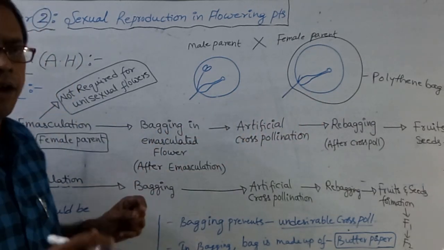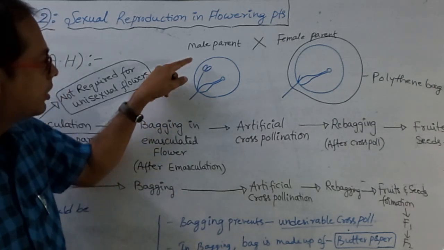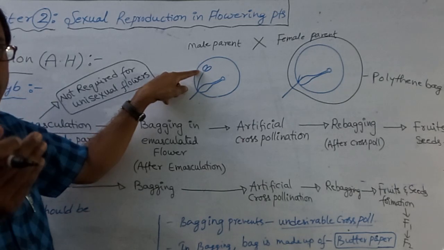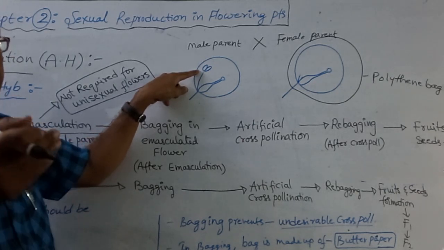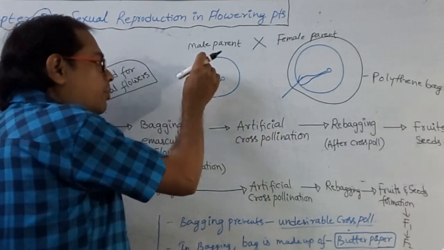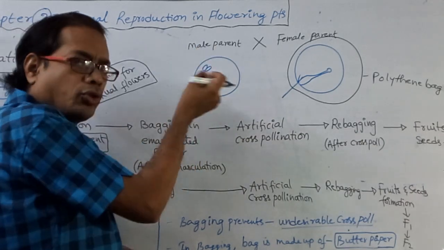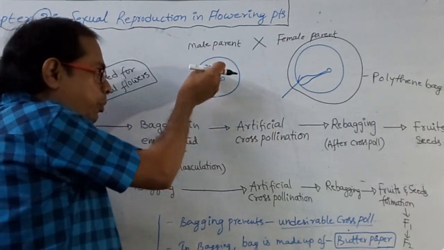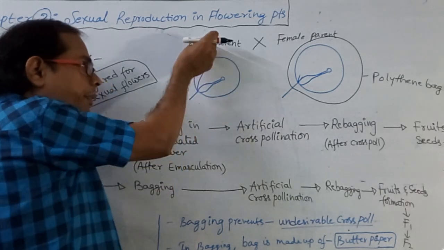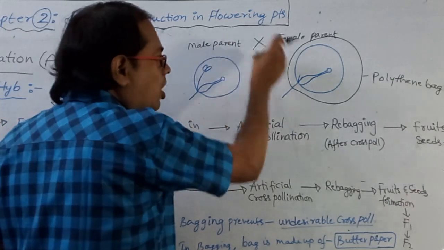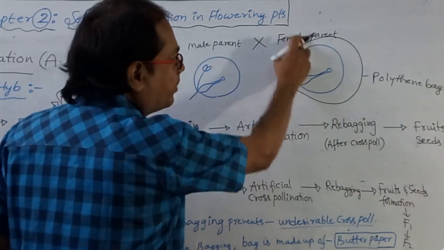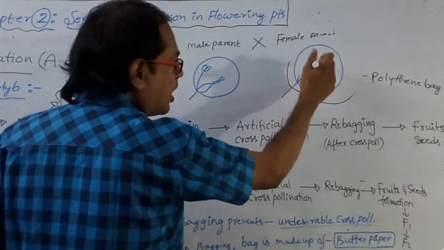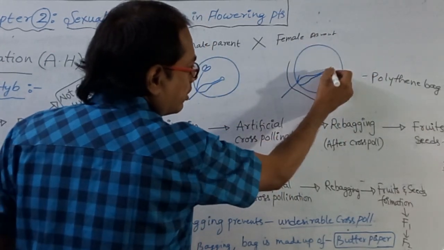Next, after some time, the anthers of the male parent mature and pollen grains are released. The pollen grains are collected from the male parent and placed on the stigma of the female parent by removing the polythene bag.